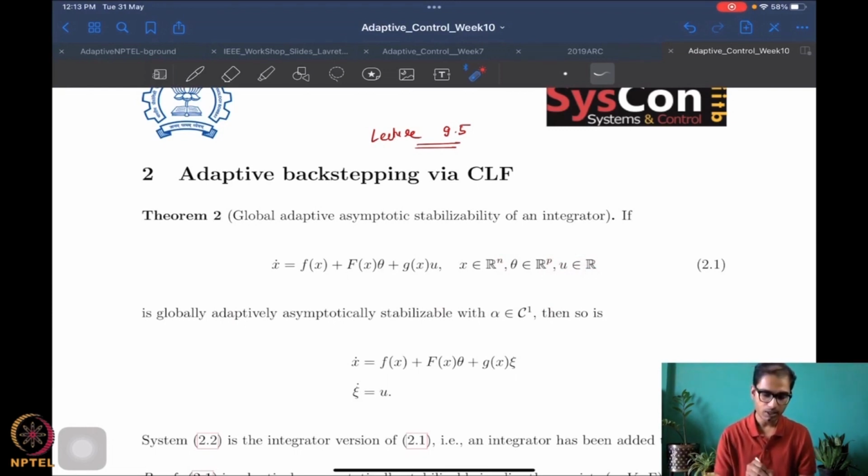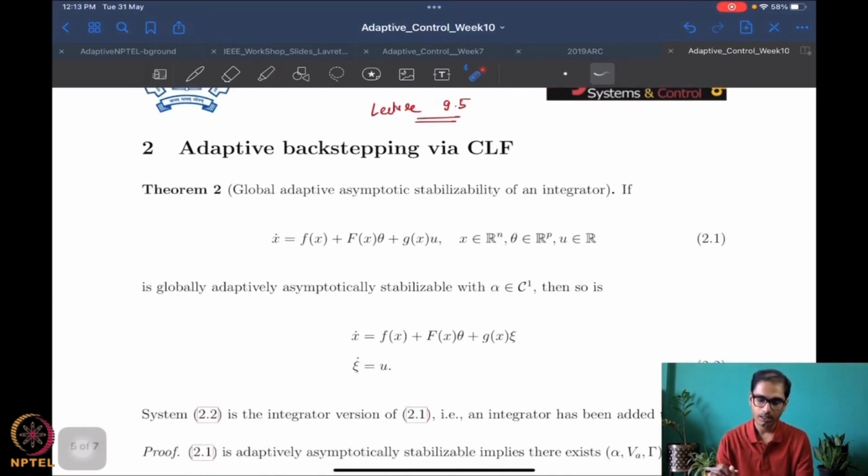If this system is globally, adaptively, asymptotically stabilizable, then the claim is that the system with the integrator is also globally, adaptively, asymptotically stabilizable, right?